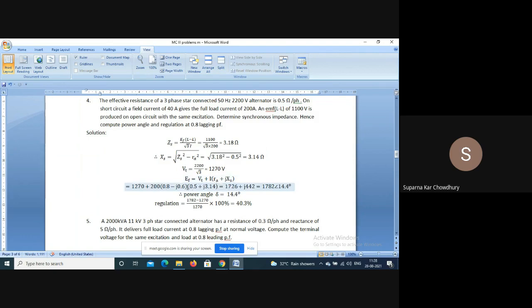So from here we can calculate EF. EF value is 1782 volt, angle is 14.4 degree. So regulation will be 1782 minus 1270 divided by rated 1270, into 100. So it is 40.3%, by the synchronous reactance method. So the value is large.